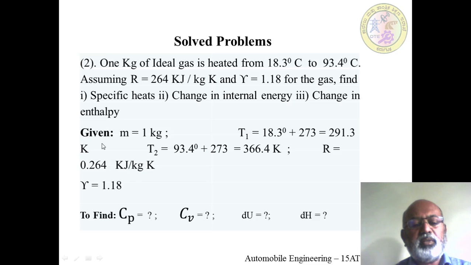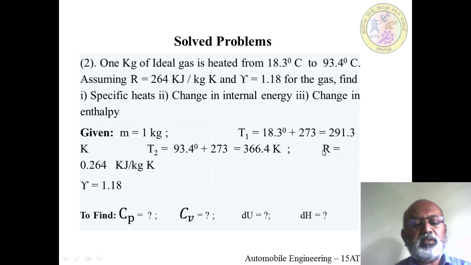So what has he given? He has given mass equal to 1 kg, initial temperature equal to 18.3 degrees Celsius, but we have to convert it into Kelvin, which becomes 291.3 Kelvin. T2 is 93.4 degrees Celsius plus 273, which becomes 366.4 Kelvin.